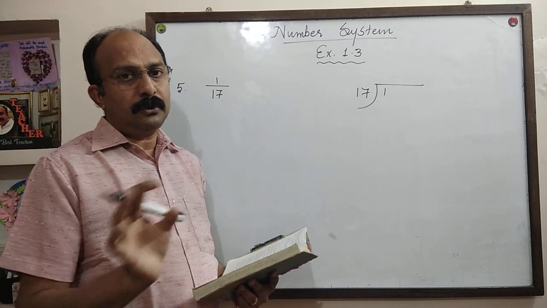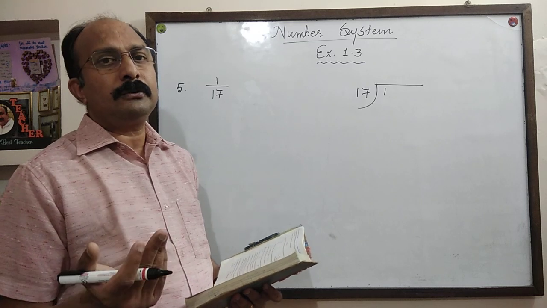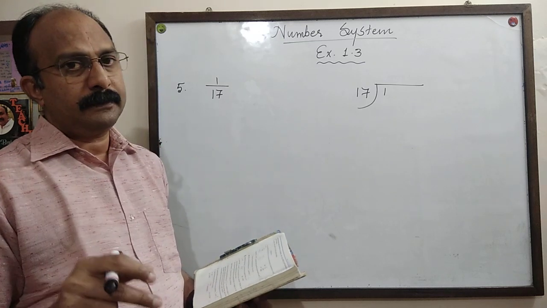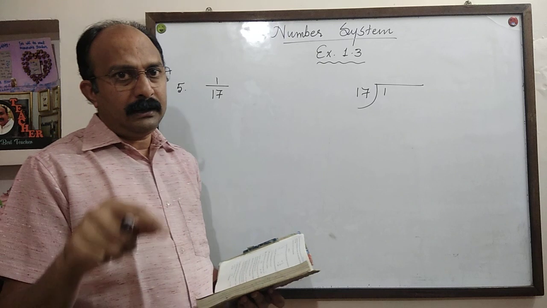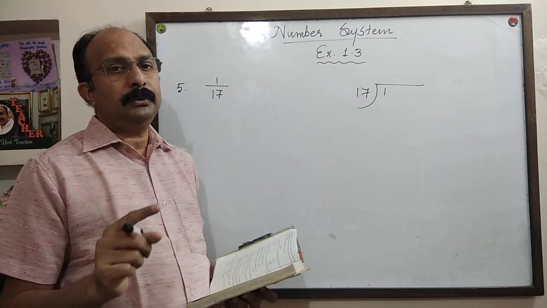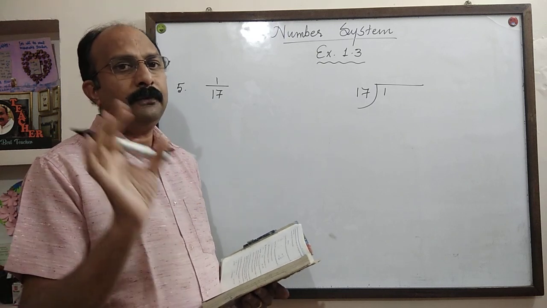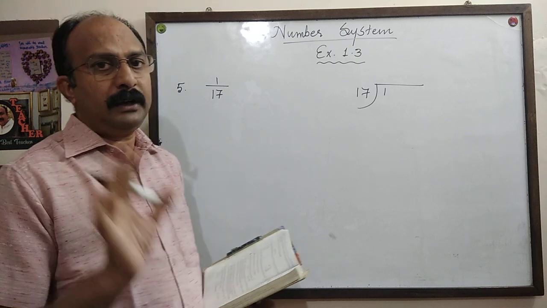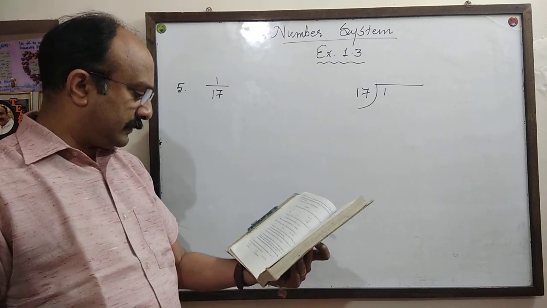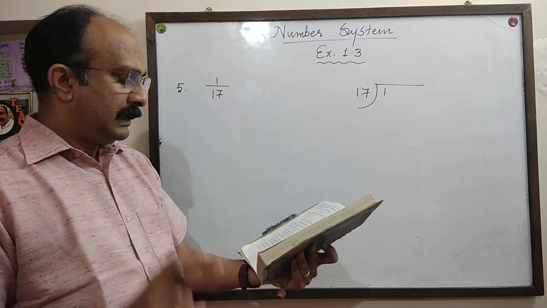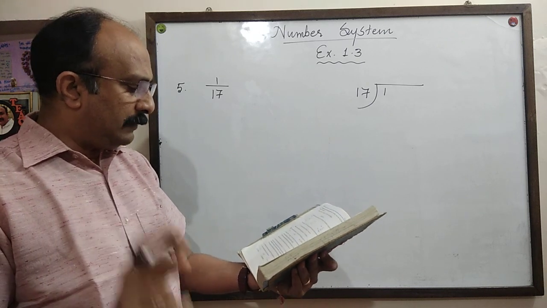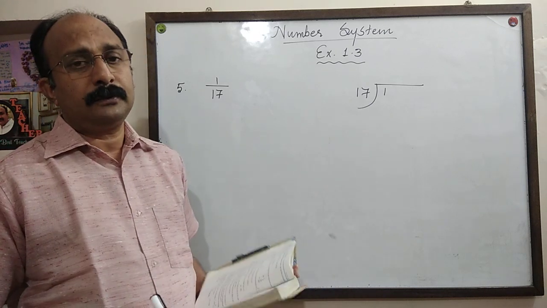If two numbers have no common factor between them, they are also called coprime numbers. So in a rational number p upon q, p and q are coprimes. And it must be a terminating decimal also.